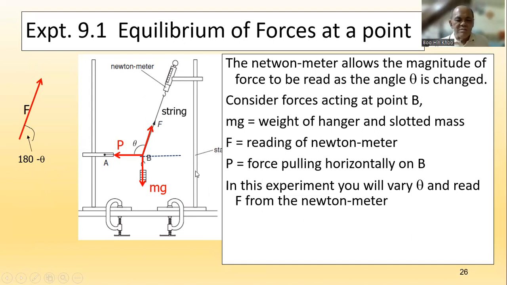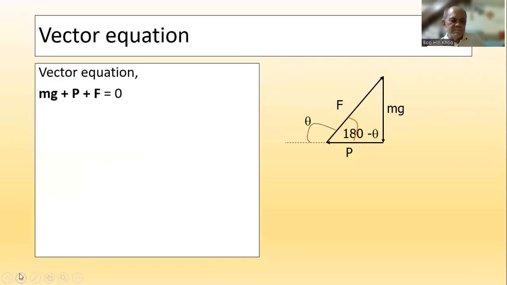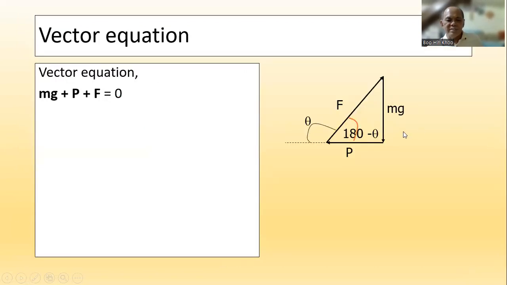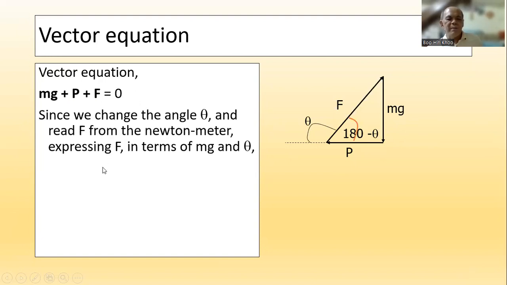So we can draw. There's a force F, there's a weight mg, and there's a P. This angle is theta, so this angle is 180 minus theta. Redraw that on this diagram. Again, this is a vector equation.